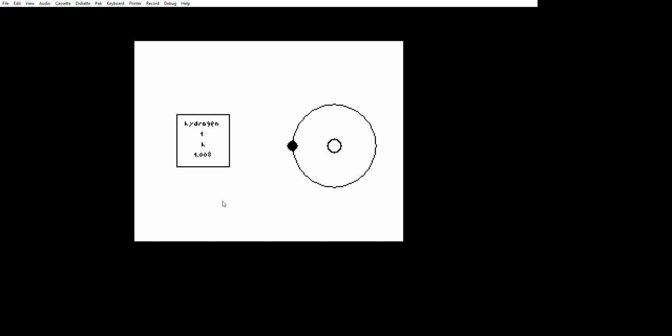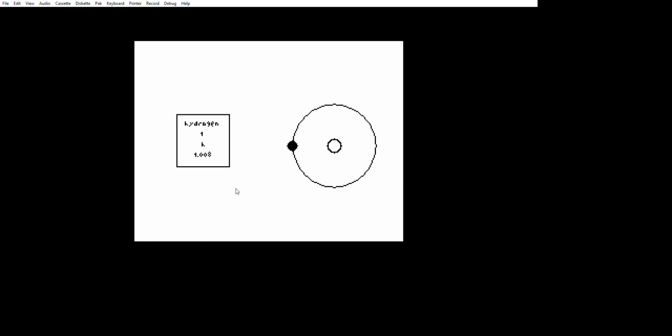So say you had an element that you were looking at in the periodic table, and this number was 2 down here. If you subtract that number from this number, then it would tell you the number of neutrons.